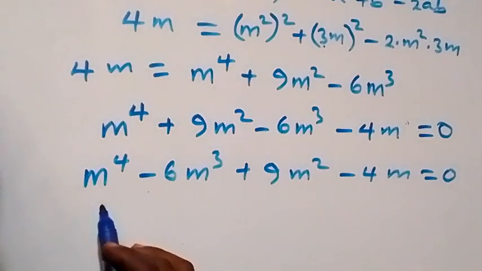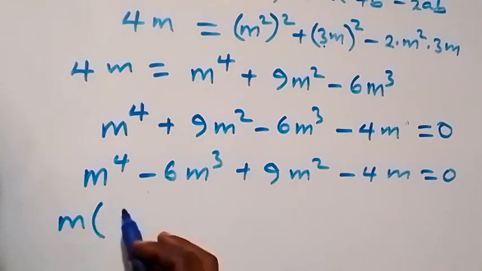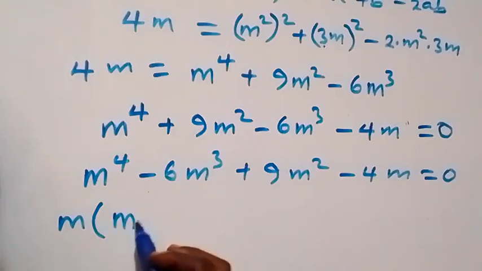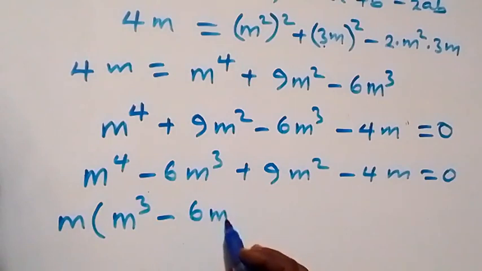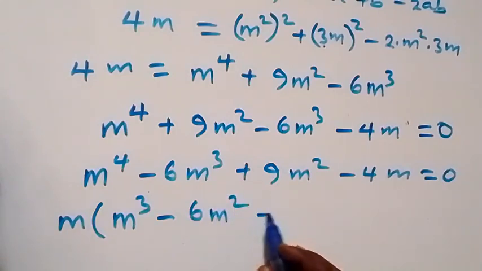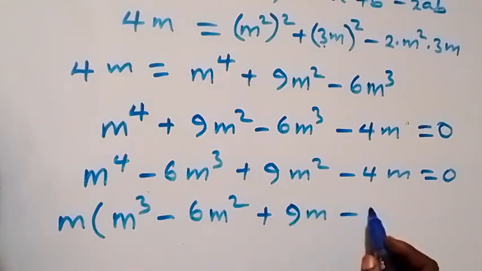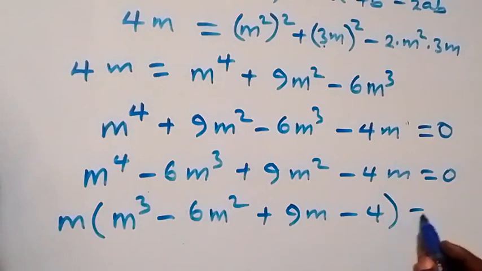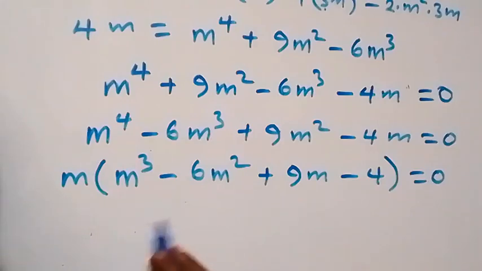And from what we have here, m is common, and we factor m out. Then what is left here is m raised to power 3, then minus, here we have 6m squared, then plus 9m here left, minus 4 left here, then equals to 0 from here. That is, here we have two cases.